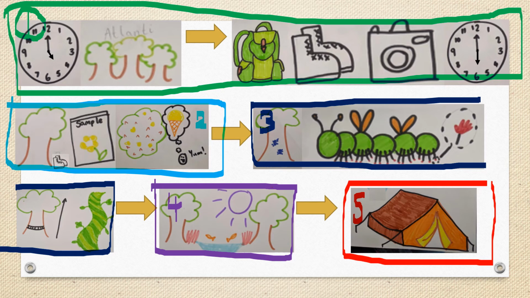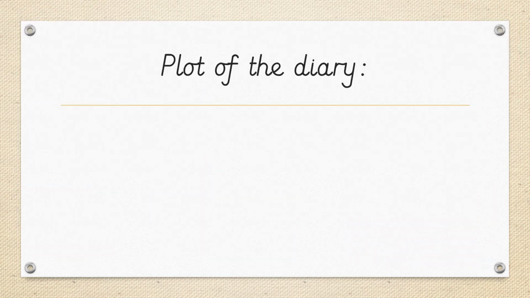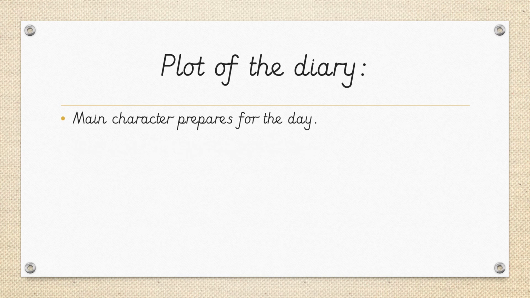So what I'll do now is I'll put up a quick recap of the plot of the diary log to help you if you need to do that. So let's run through the plot of the diary quickly, my jungle log, and let's have a look at the different parts. There's 5 main parts, remember. So my first part that I've got down is that the main character prepares for their day.